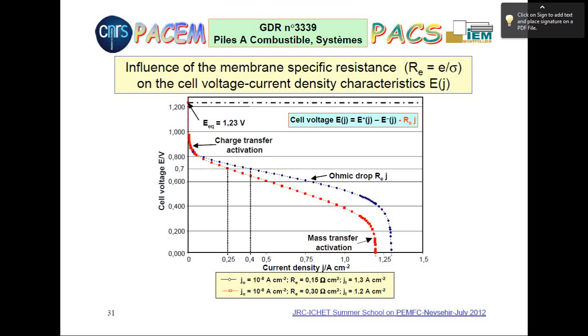So if we take these curves, we can see that if you divide the specific resistance by 2, from 0.3 to 0.15 ohm square centimeter, you improve your characteristic, and at a given cell voltage you increase the current density. Okay, just to recall the same curves as before, and now look at the experimental curves.